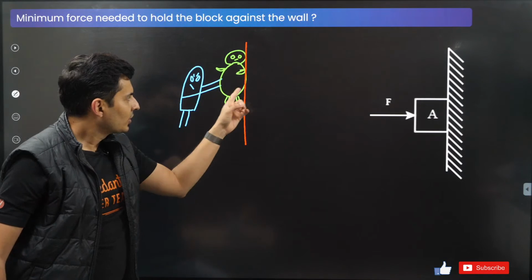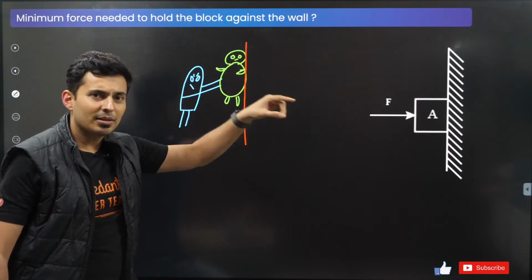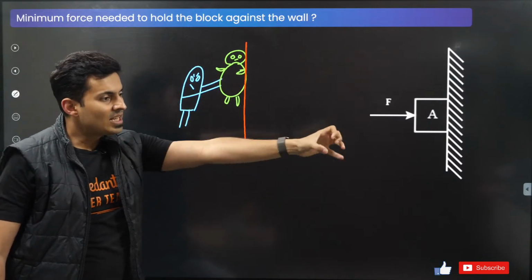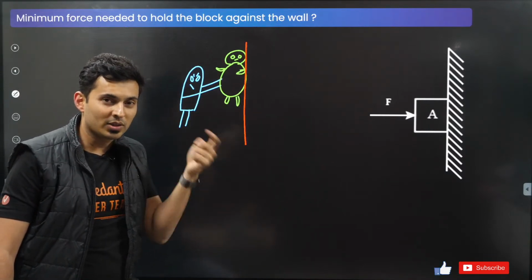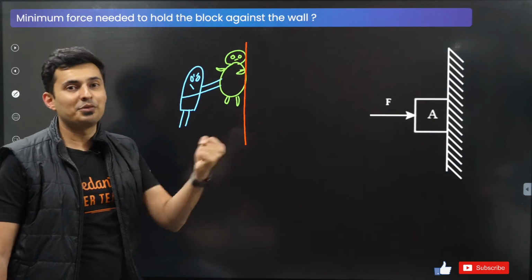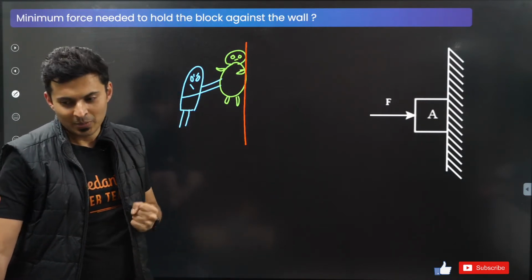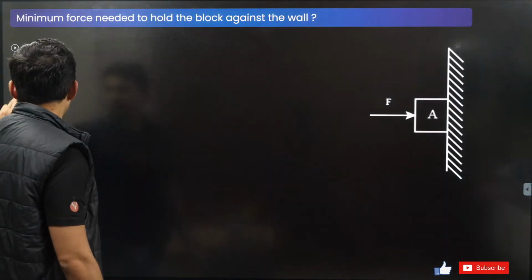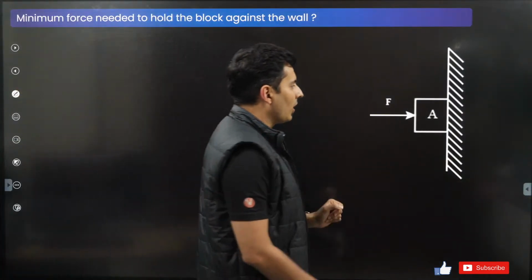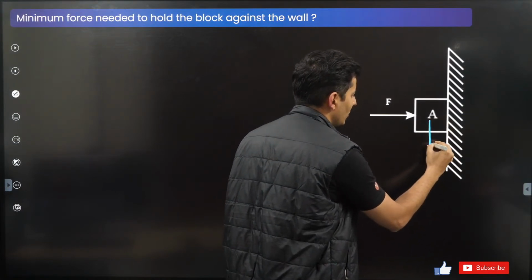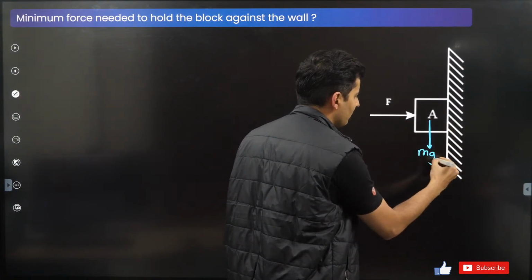100% sure. So here the crux of the problem is to understand when you pressurize him, there will be a normal force. That normal force will also help in the friction, and that friction will help him from sliding down. So let's try to draw the free body diagram of this block. If you apply a force here, by the way, there is weight which is going to act down, which is mg.